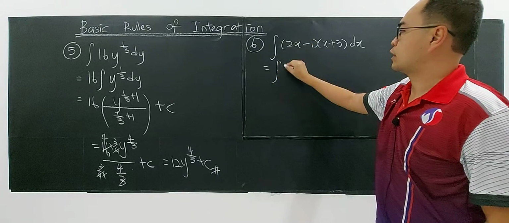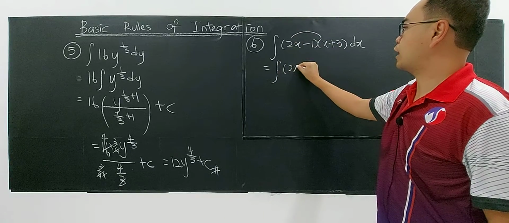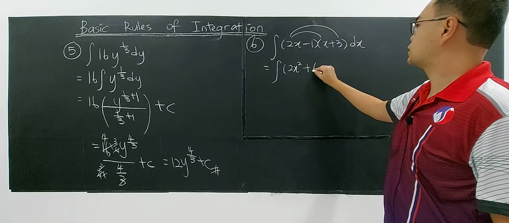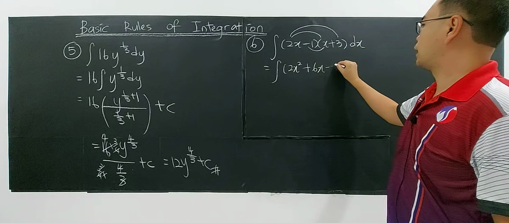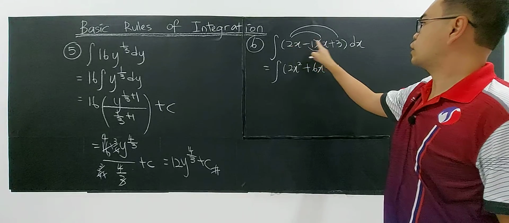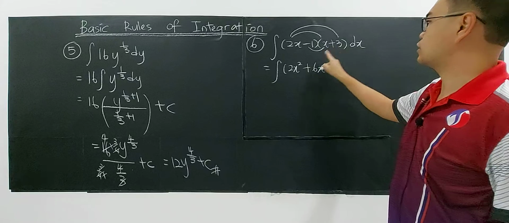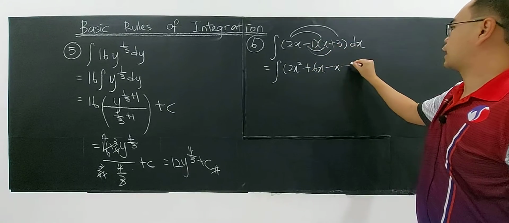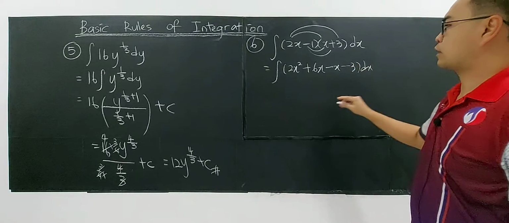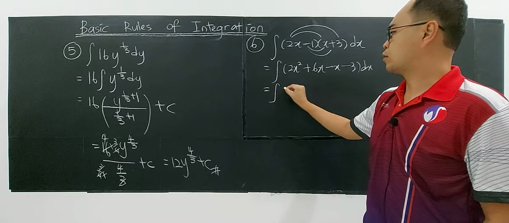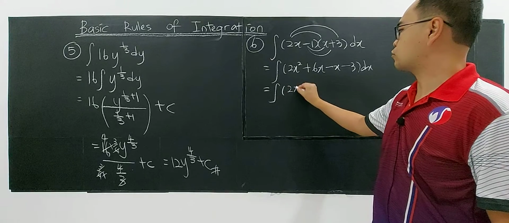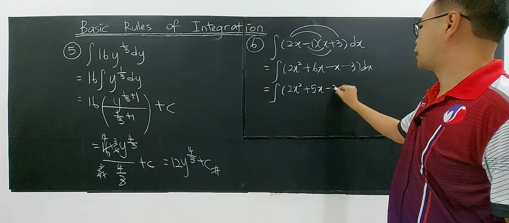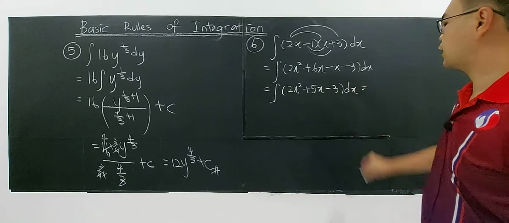So you have to expand, then you have 2x to the power of 2 plus 6x minus x, right? 2x and x, 2x squared, 2x and 3, 6x, negative x, negative 3 dx. Alright, rearrange first in a proper form. So you have 2x to the power of 2 plus 5x minus 3 dx.